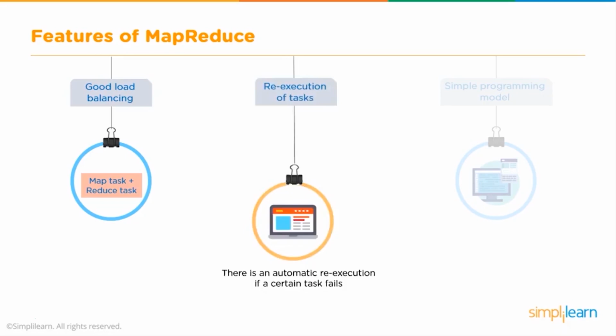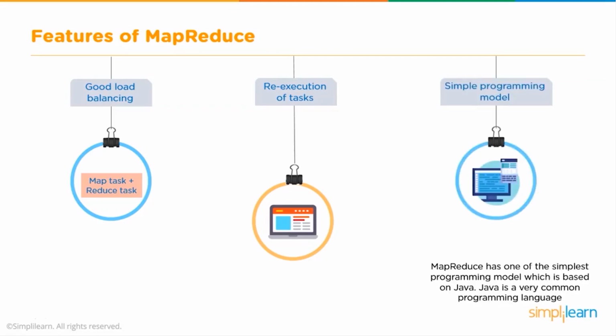Now there is also something called re-execution of tasks. So for example, if a task, map or reduce, fails on one of the machines, your MapReduce programming model doesn't give up. You would have a re-execution of the task on either the same node or on a different node, and all that re-execution and everything is taken care of by the processing layer, YARN.